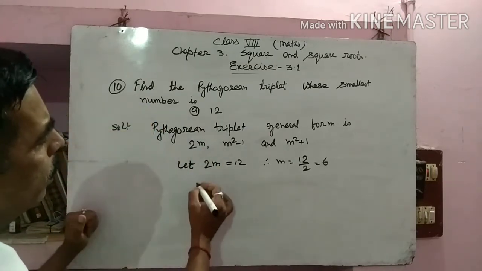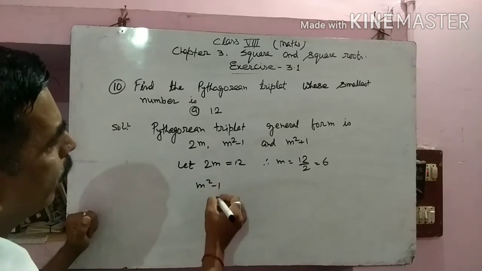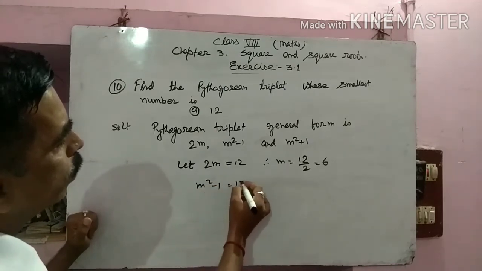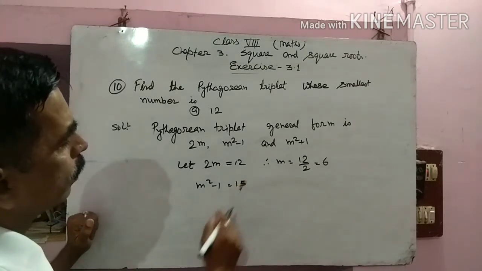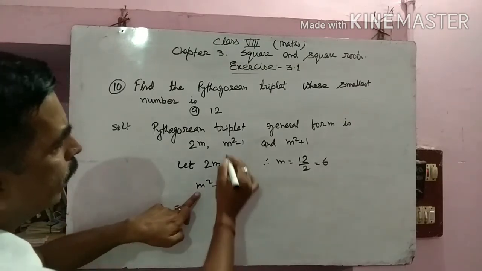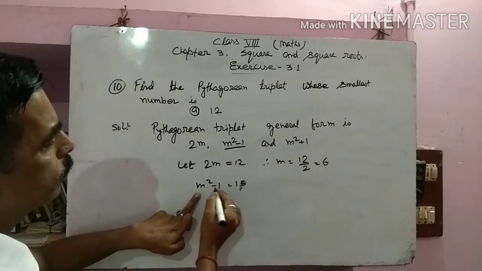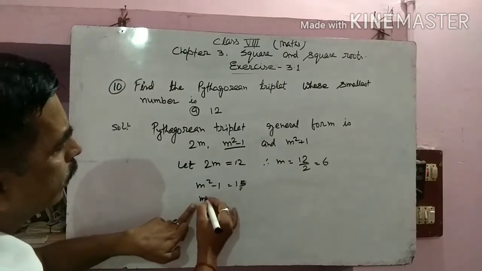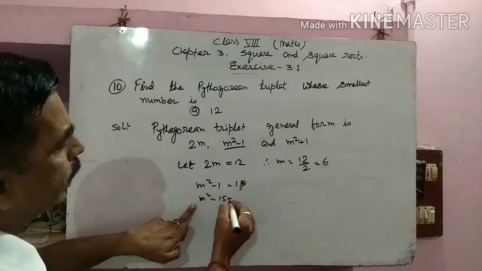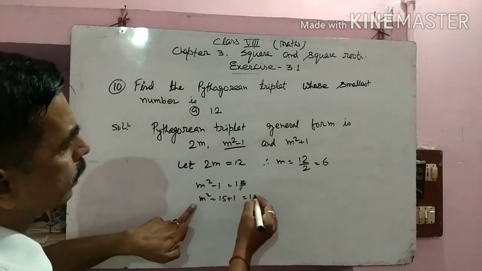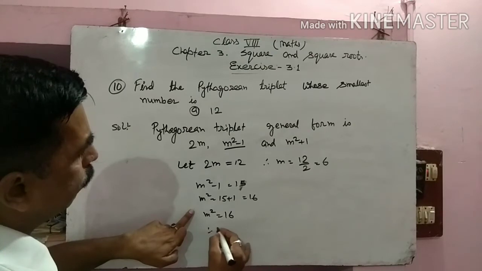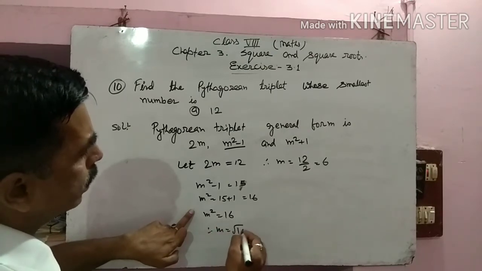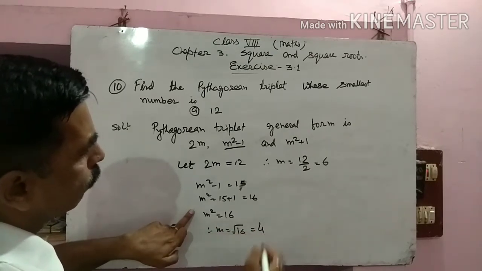Suppose the number given is 15. Then we have to write m square minus 1 is equal to 15. That m square is equal to 15 plus 1, which is 16. Means m square is equal to 16. Therefore m is equal to root 16, or 4.